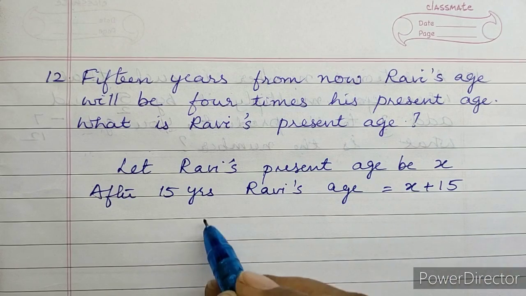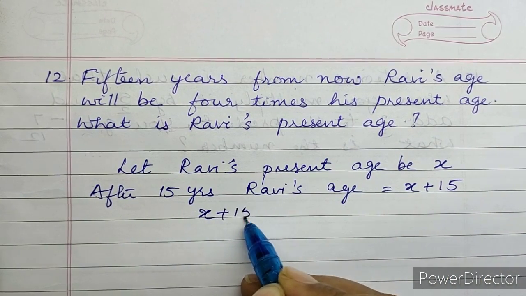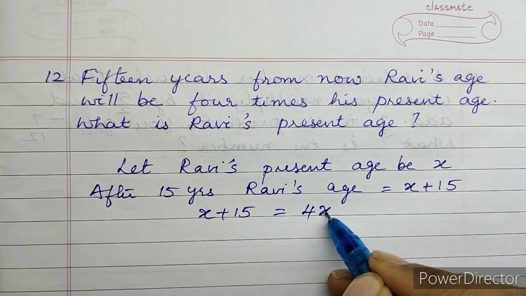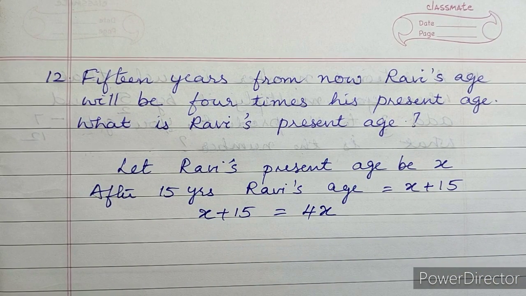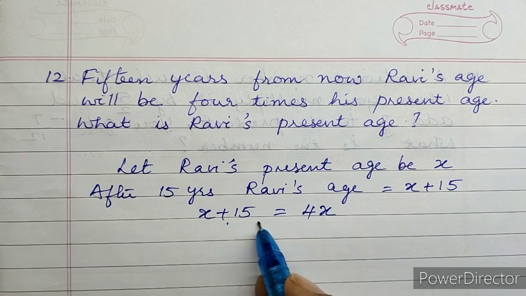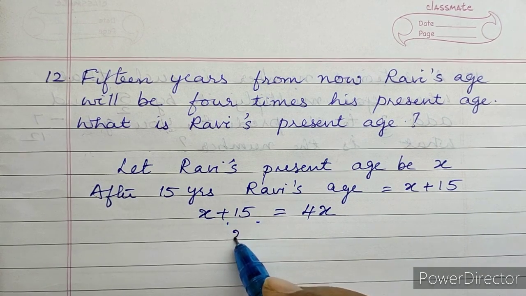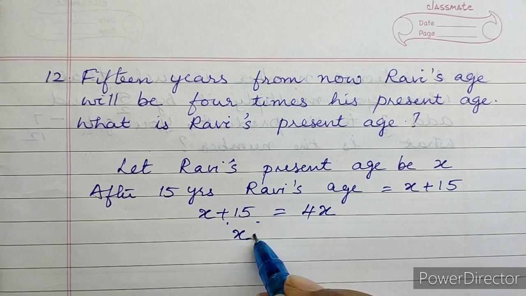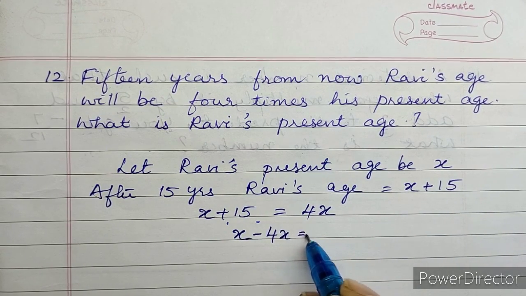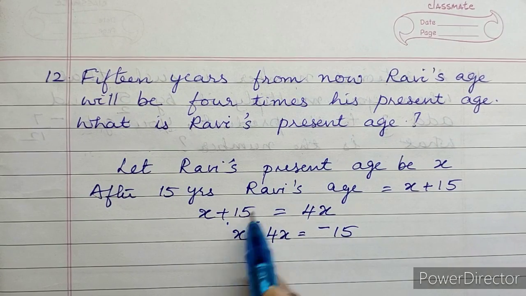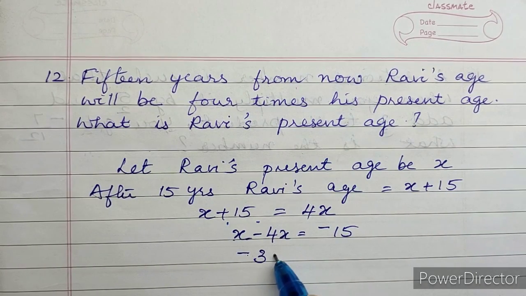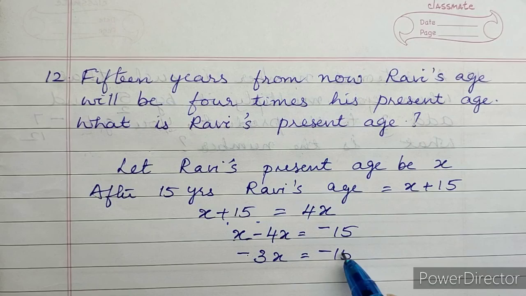That means after 15 years, Ravi's age is equal to 4 times his present age. So x plus 15 is equal to 4x. You have to find x. So you can bring this to this side. x minus 4x is equal to minus 15. 15 will go to the other side. x minus 4x, it's minus 3x is equal to minus 15.